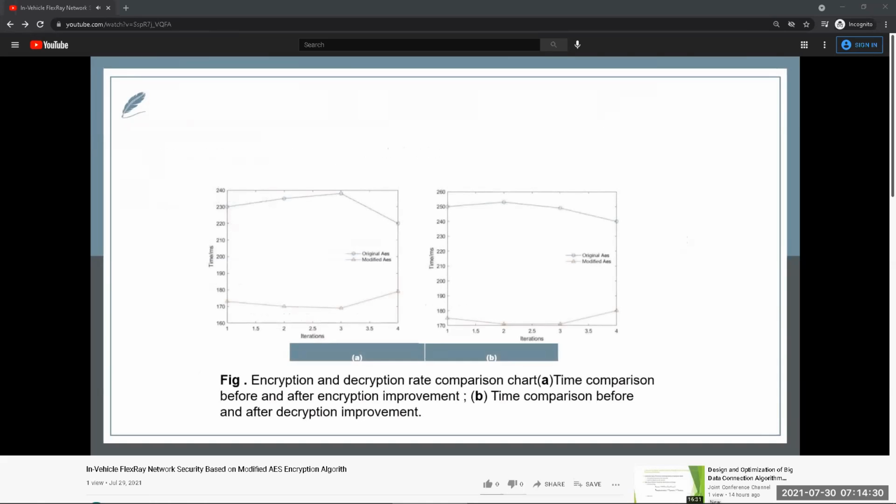The fourth part is the experimental results. In order to verify the effectiveness of the modified mix-column AES encryption we proposed in this paper, the paper carried out 1,000 encryption and decryption experiments on 4 groups of FlexRay message data. Figure 6 is a time comparison line chart obtained in MATLAB for encrypted FlexRay message data, and B shows the situation during decryption.